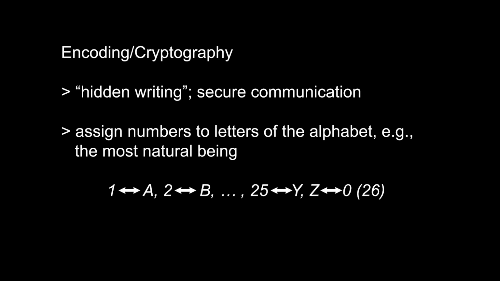The most natural assignment would be 1 for the letter A, 2 for the letter B, 3 for the letter C, and so on until 25 for the letter Y, and then for the letter Z, not 26, but remember, for our modular system, we go to 0 once you divide by 26. So Z is represented by the whole number 0 instead of 26.